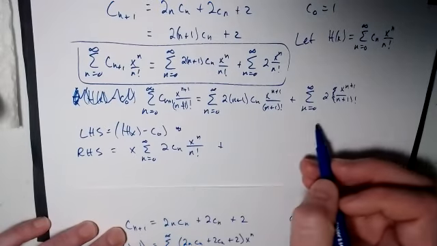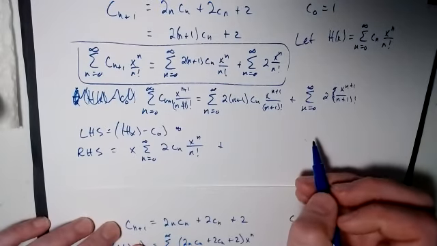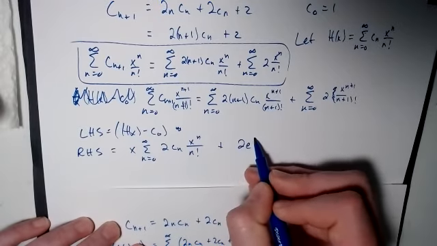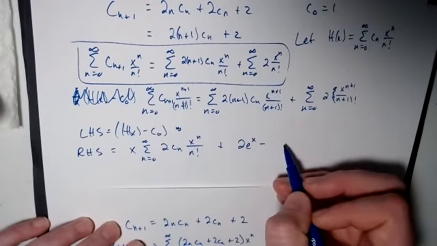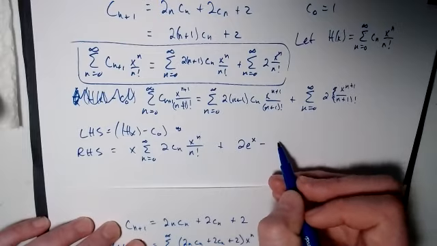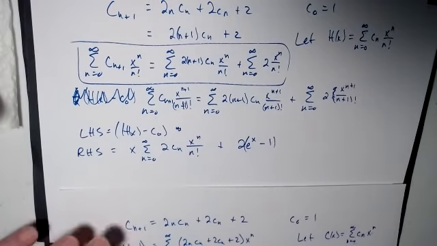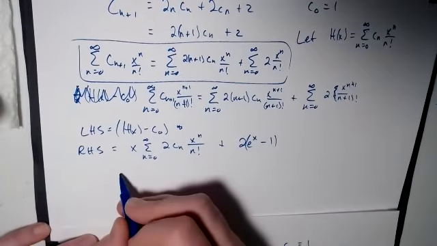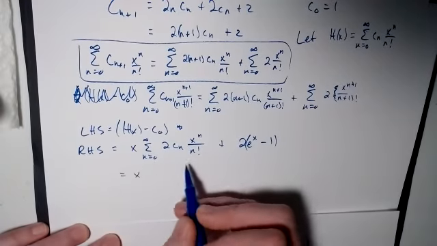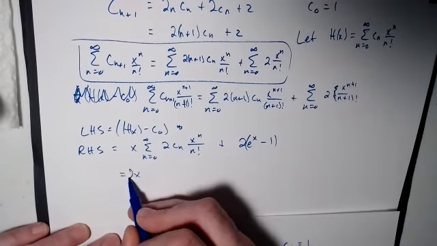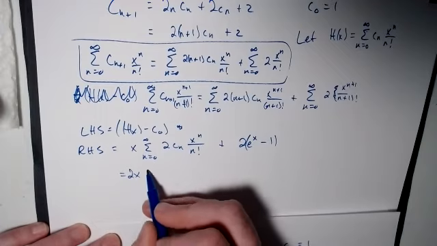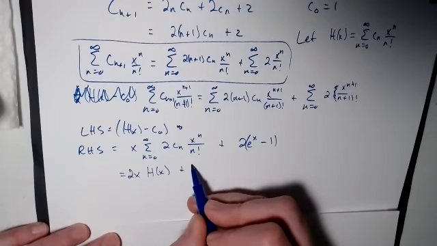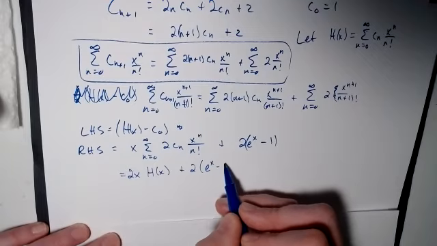Plus, this is just going to be 2 times e to the x minus 1 in parentheses. So the right-hand side is x times 2 times h of x plus 2 times e to the x minus 1.